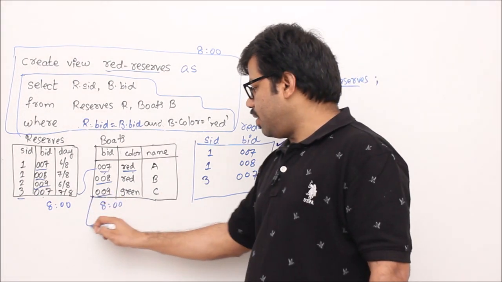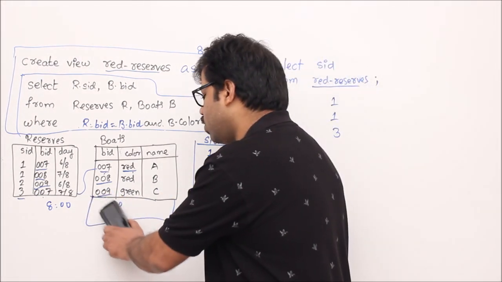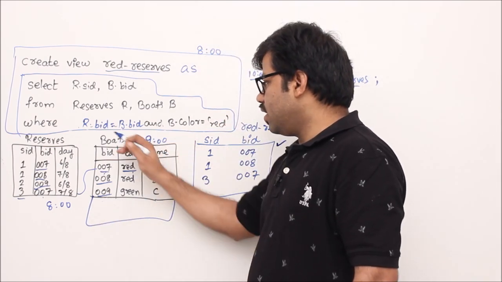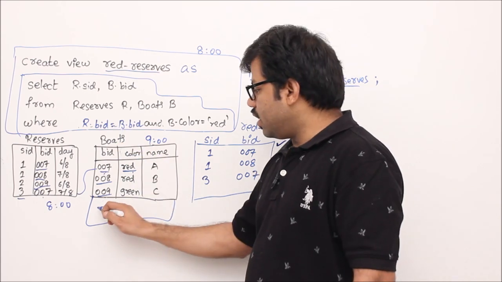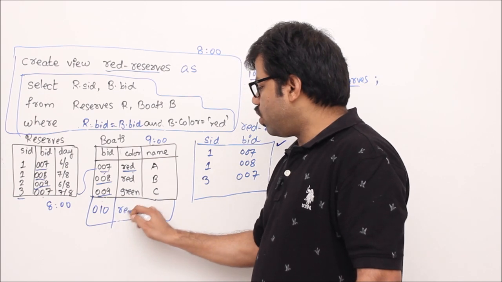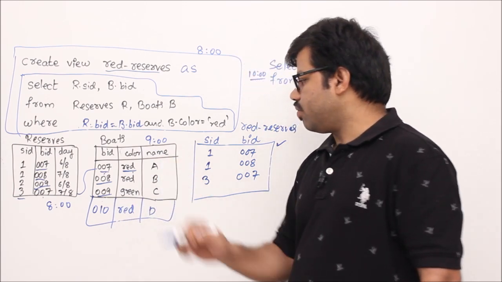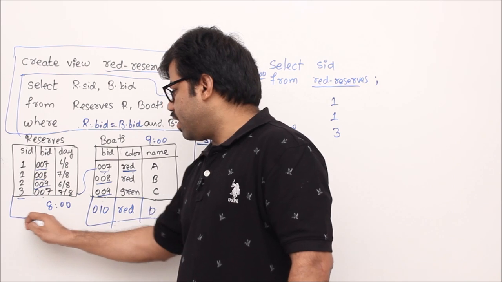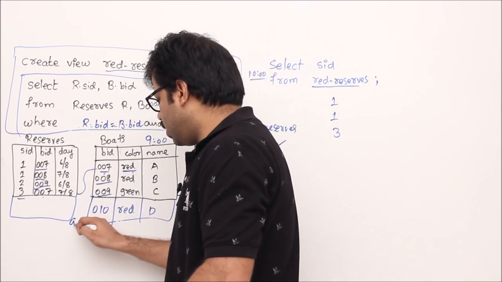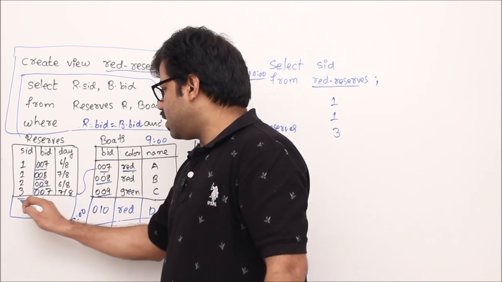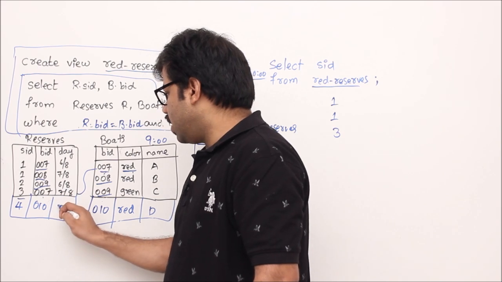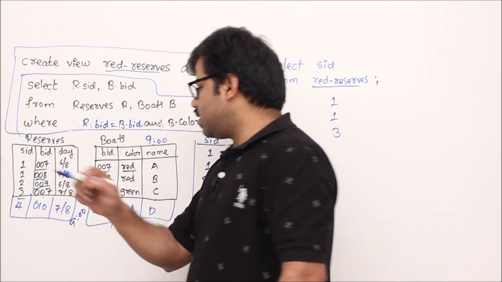I'm talking about 9 o'clock: some user might insert some information in boards, let's say 010, a red color board, and its name is D, and a user might add one more piece of information in reserves at 9 o'clock, that is possible, that is nothing but 4 comma 010 comma, let's say, 7 comma 8, something like this.